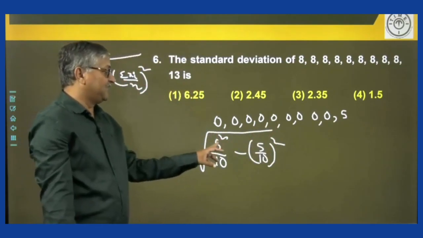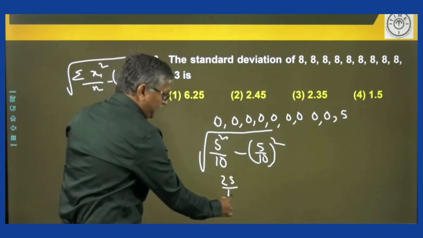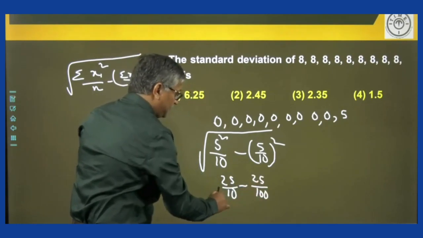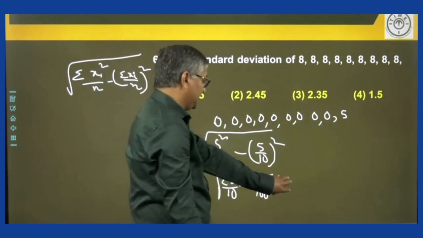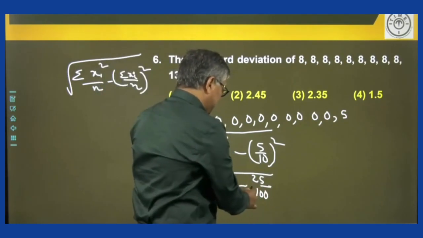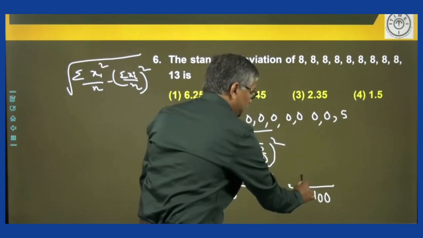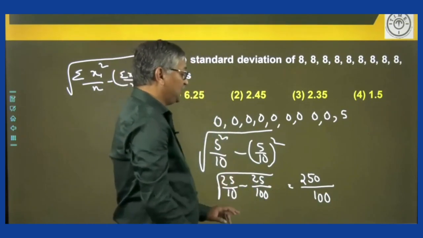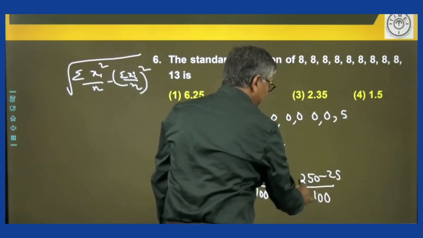So what is this? 25 by 10 minus 25 by 100. So clearly, what is the LCM? LCM is 100. So 250, 10 into 25 is 250, minus 25.